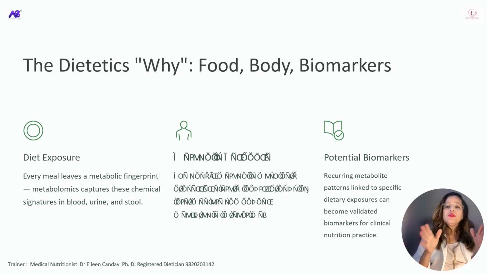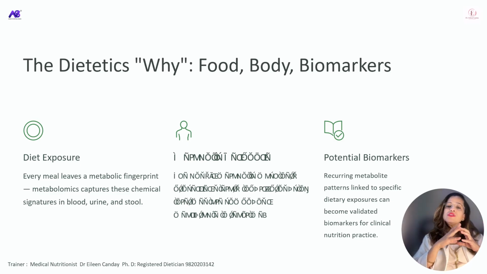Metabolic response. Now, the body doesn't just absorb food; it actively processes it through metabolic pathways. This processing creates intermediate compounds we can measure in real time. These measurable compounds tell us how the body is responding to the dietary inputs. When we see the same metabolomic patterns repeatedly linked to specific foods and diets, they become validated biomarkers.